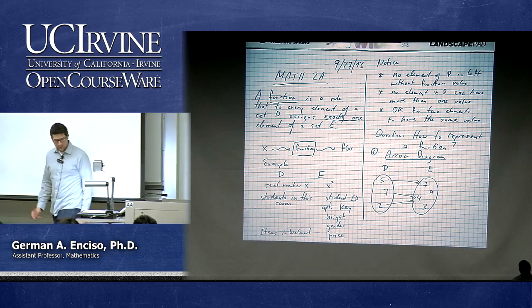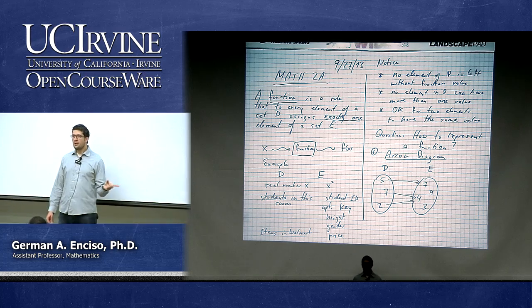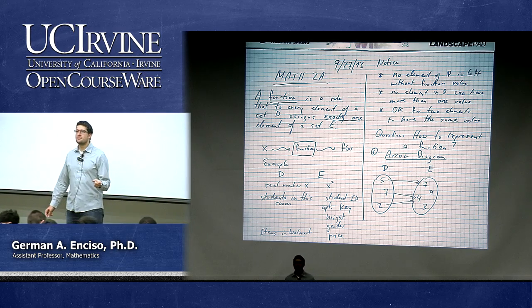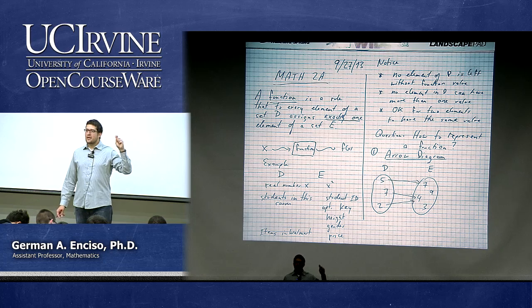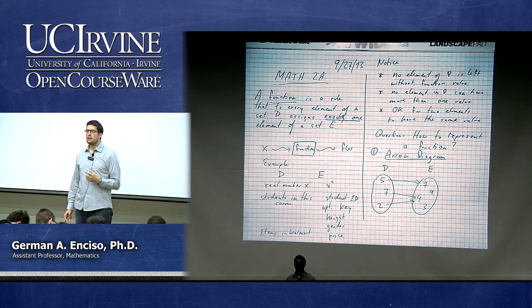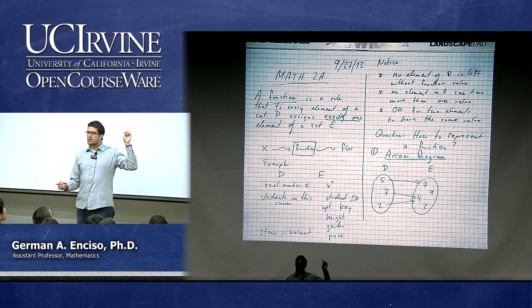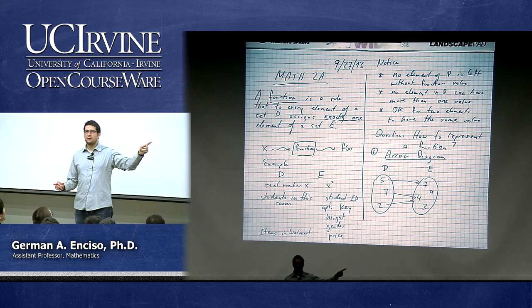Okay, well there you go. Let's look at the situation. The set D has 3 elements. Does every element have a value, an assigned value in E? Yes, right? Does it have exactly one value assigned in E? Yes. That's all you need to check. Everything else is gravy. In this case, for example, is it okay for 2 elements to go to the same value?